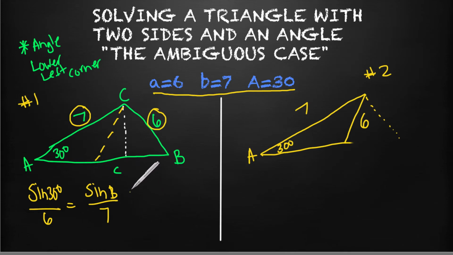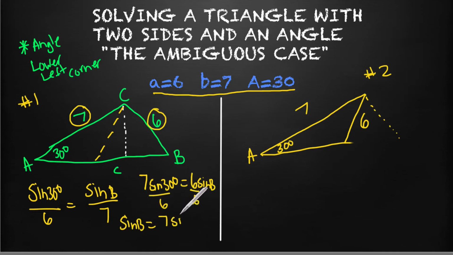So if we cross multiply, we get 7 sine of 30 is equal to 6 sine of B. And we can divide by 6. And we can take the inverse sine of both sides. So let me go ahead and do that. Divide by 6, divide by 6. And so we end up getting sine of B is equal to 7 sine of 30 over 6.